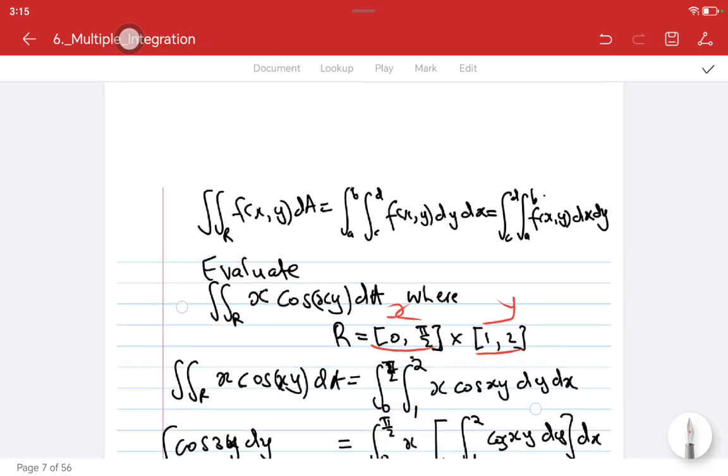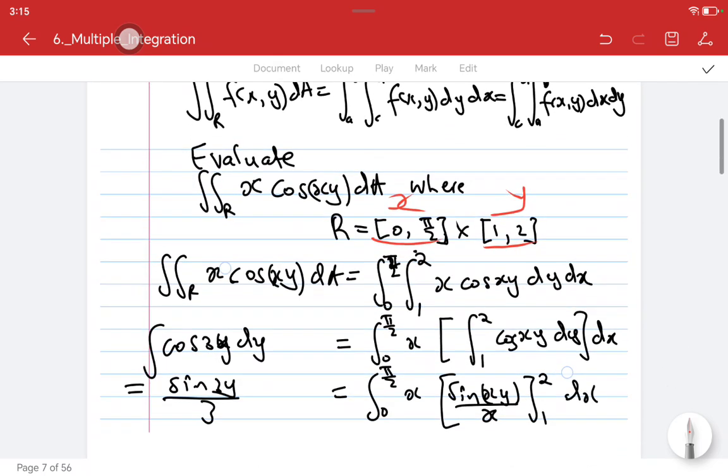After putting them like this, we realize the one that is inside is for y, and this one doesn't have y, so it's a constant. To continue, we take this out as a constant.